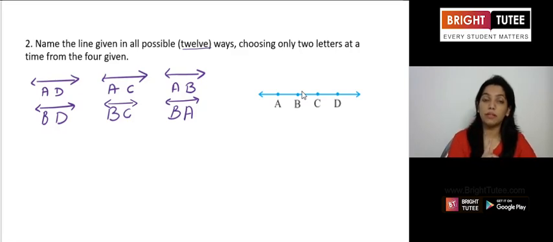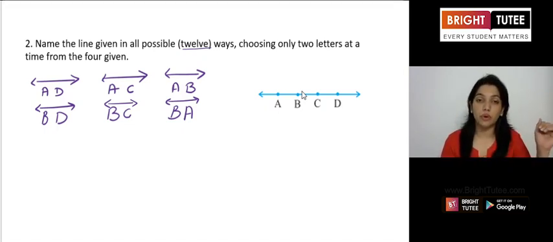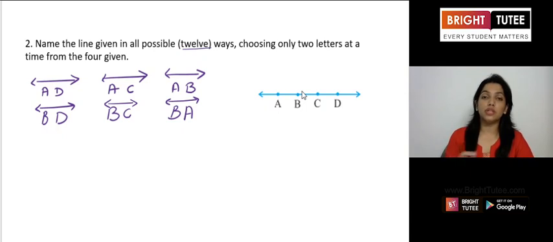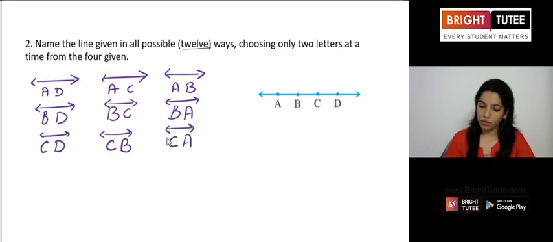I hope you remember that we discussed earlier that there can be any number of points on a straight line and we can choose any point to name the line. So this is done. Now let's start from C. So here it's CD. Then it is CB. Then it is CA. How many? 9 are done.